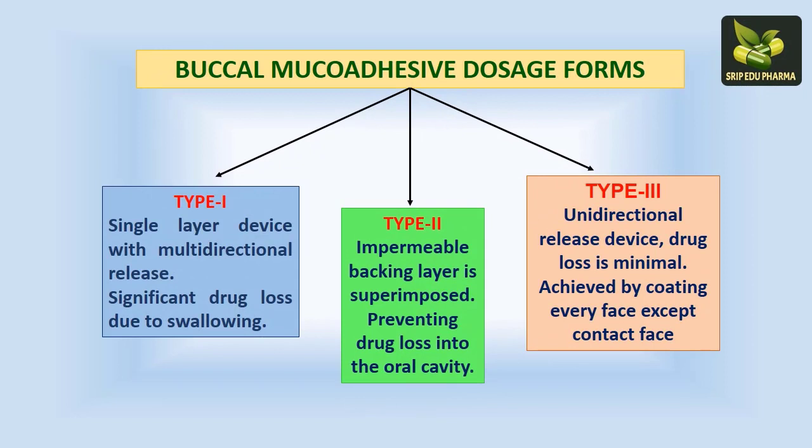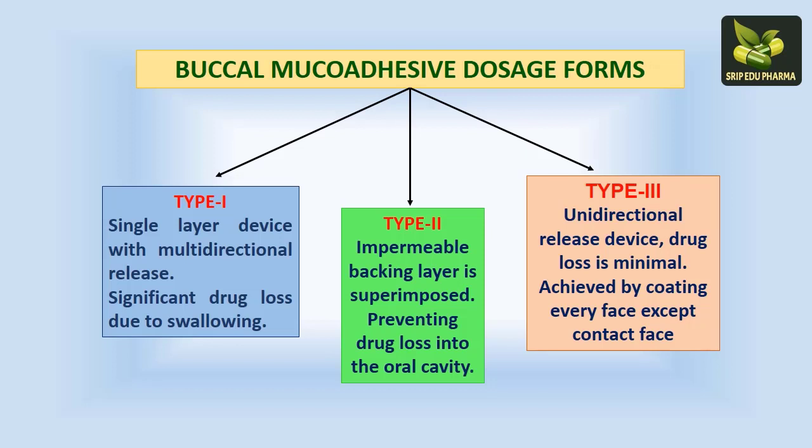So students, from the diagram represented here, you can see that we can broadly classify the buccal mucoadhesive dosage forms into three different categories, that is type 1, type 2 and type 3. Type 1 is single layer devices with a multi-directional release, and here the significant drug loss is there due to swelling.